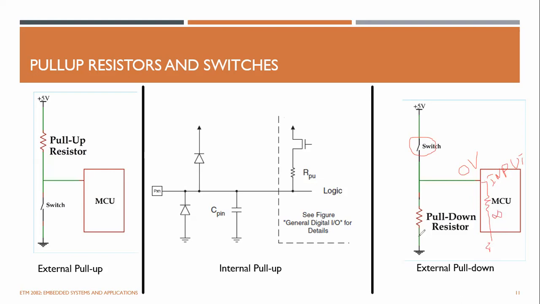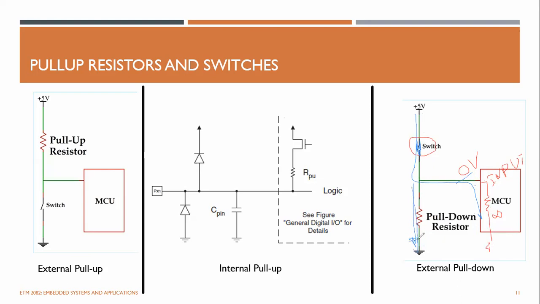Both resistors are connected in parallel, and this should be 0 volt, right? What will happen is someone connects this switch, so the 5 volt now comes here, and it can go through this resistor as well as through this pull down resistor, but you can consider the input as infinite, which means it is an open circuit.